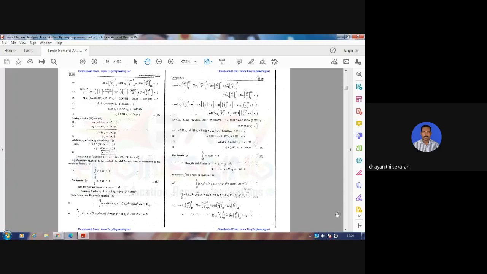So solving this equation, finally we are getting a1 plus 0.4832 a2 equal to 30.651.